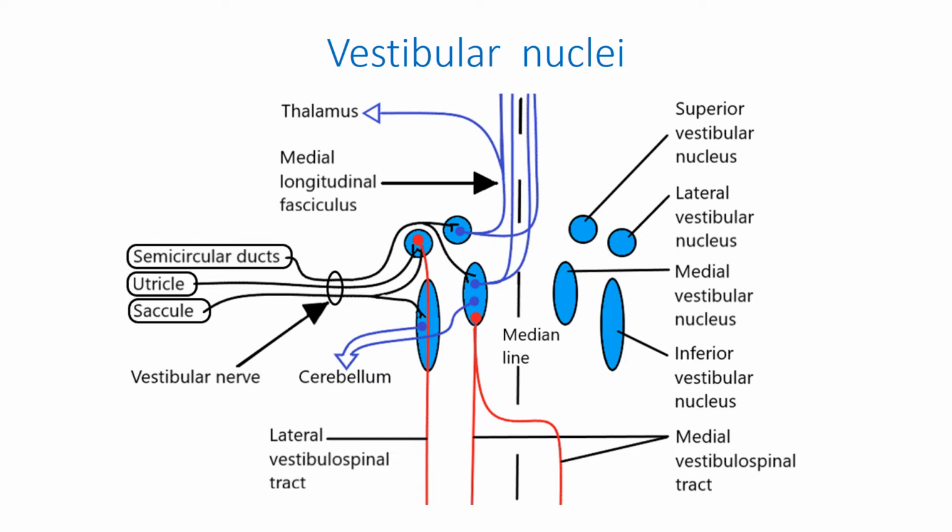The neurons of the lateral nucleus give rise to the lateral vestibulospinal tract, modulating postural adjustments to movements. The superior and medial vestibular nuclei are connected with the extraocular motor nuclei through the medial longitudinal fasciculus.